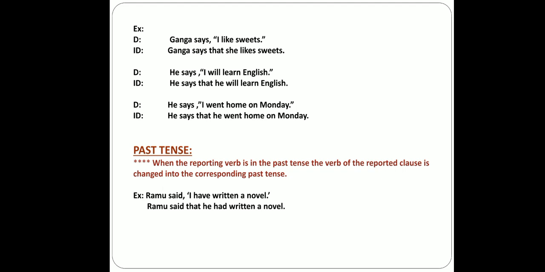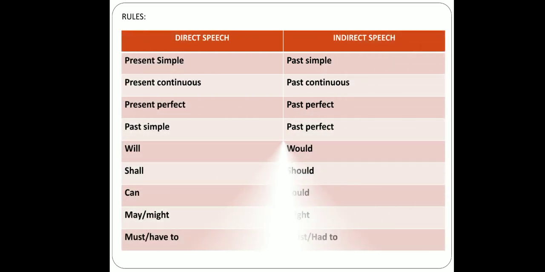The sentence is in present perfect, so the present perfect can be changed into past perfect. Ramu said that he had written a novel. Understood? Here, let us see some rules, that is, which tense changes into which one. Let us see this.